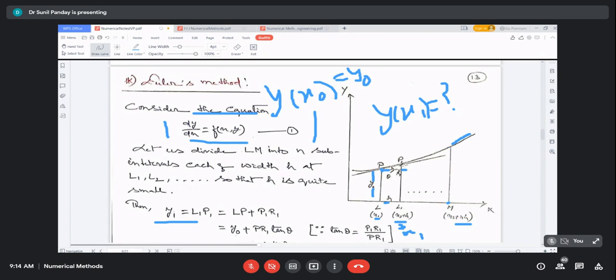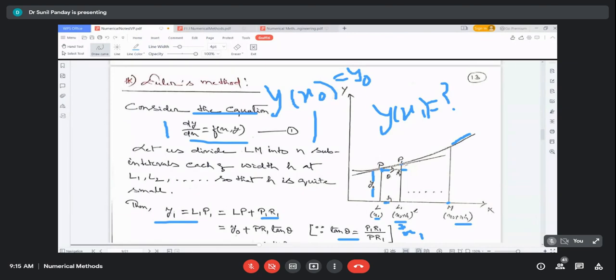We are drawing a tangent at the point P, and somewhere below the curve this P1 exists. If the angle between P1 and PR1 is theta, then the length P1 R1 equals PR1 tan theta, because tan theta equals P1 R1 upon PR1.